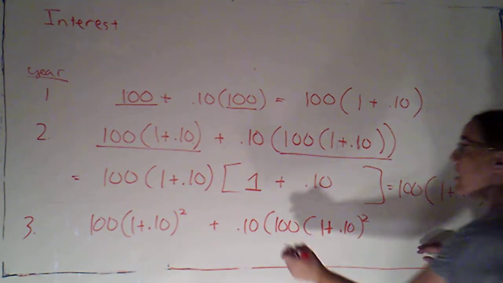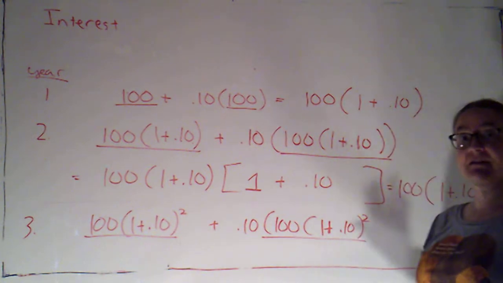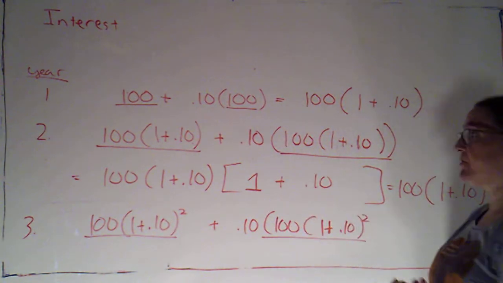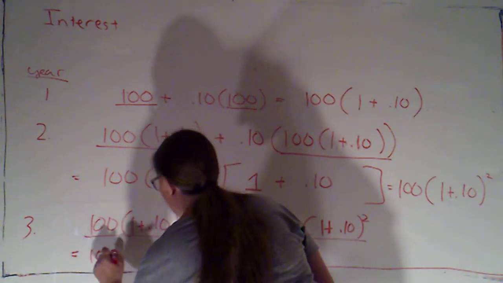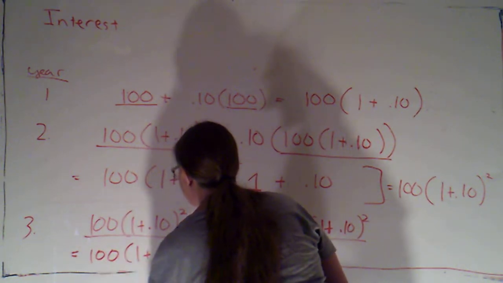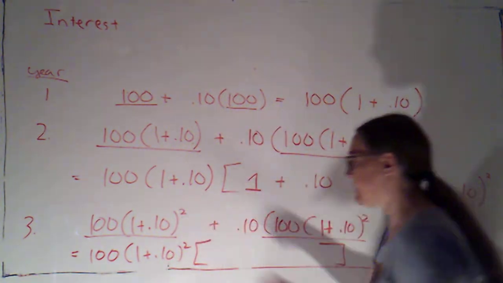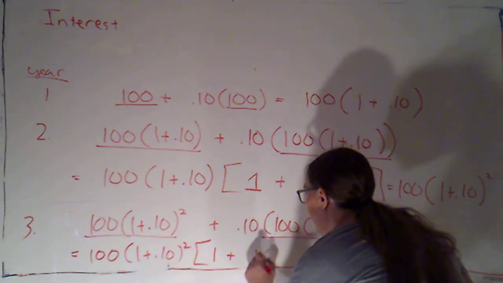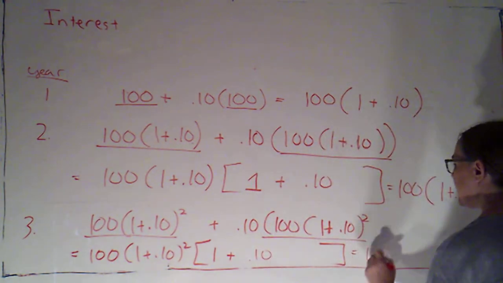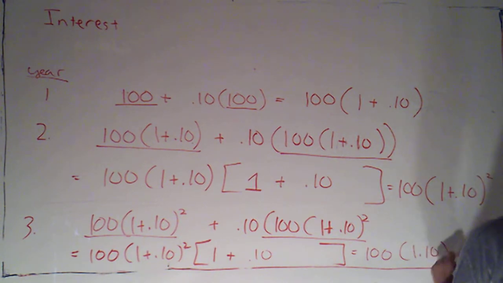Okay. But if I look, that amount that I had at the end of 2 years shows up in both terms. I could factor that out. So I could say that's 100 times 1 plus 0.10 squared. What's that multiplied by? Here it's being multiplied by 1. Here it's being multiplied by 0.10. And so that becomes 100 times 1 plus 0.10 cubed.